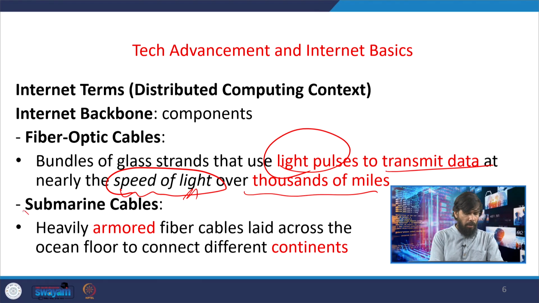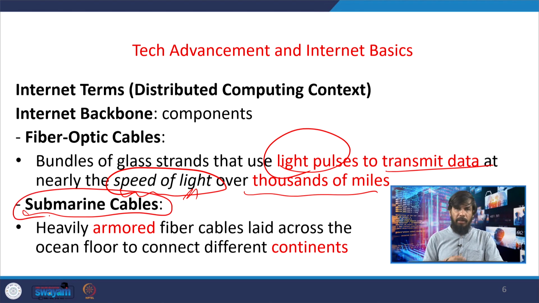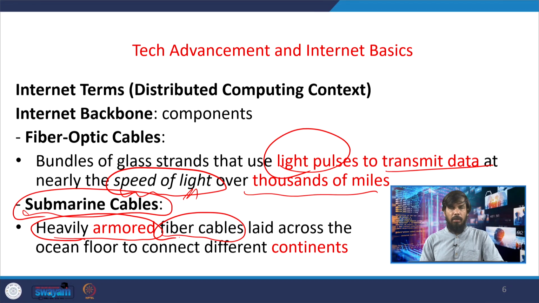Then there are submarine cables, right, the cabling that is on the ocean floor. These are heavily armored, because there is no way of doing maintenance on the ocean floor, and therefore whatever laying of fiber cables is happening has to be protected during the installation itself. These heavily armored fiber cables are laid across the ocean floor to connect different continents, because for many continents there is no land connectivity, they are across the ocean.